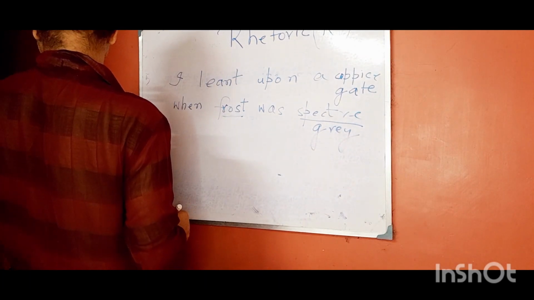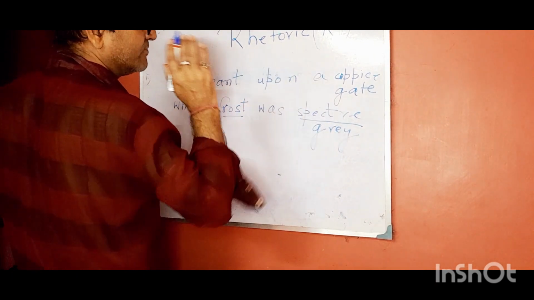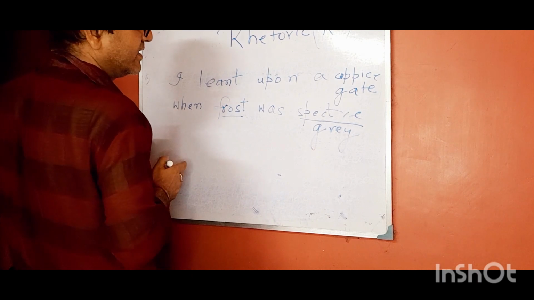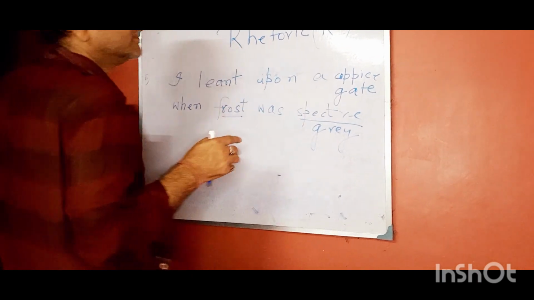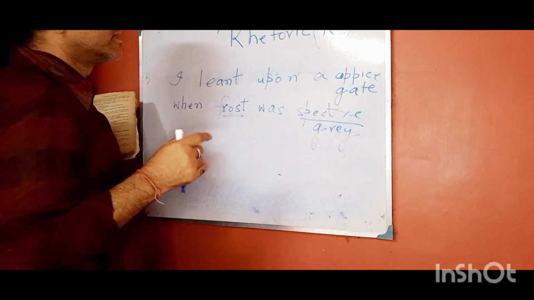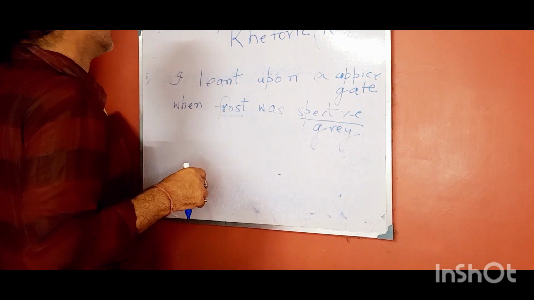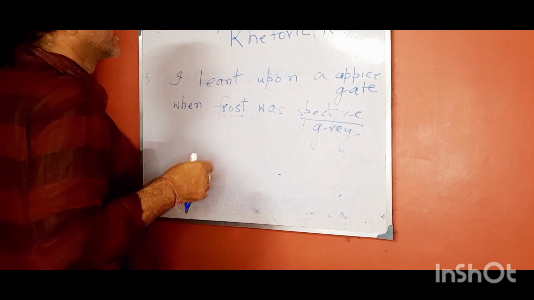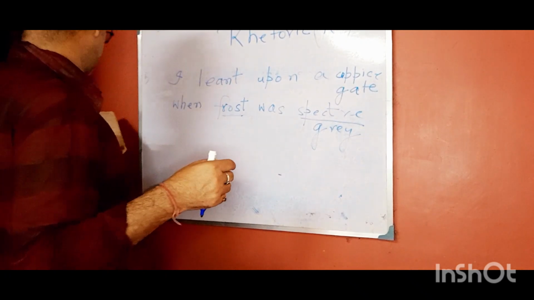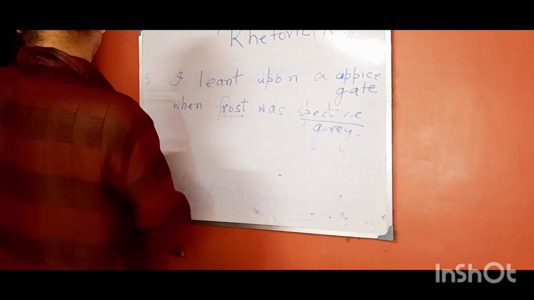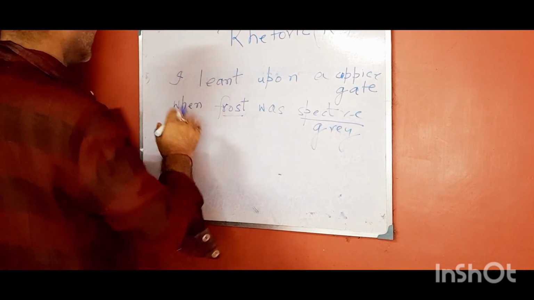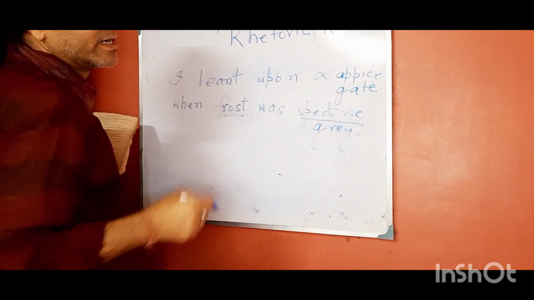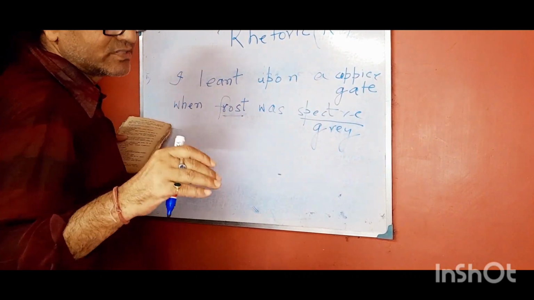Try to find out the meaning first, then you can see the comparison exactly. Whether it is a simile or not, you can easily find out that it is not compared by using words like as or such words. This is the case of metaphor. Here Frost was compared to a spectre, that is a phantom-like structure.